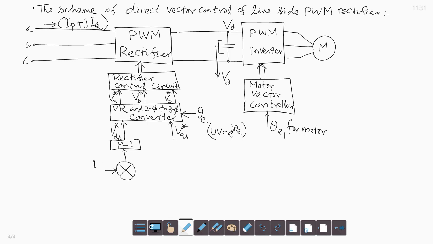So here we have IP, active component of the current, which is IDS, and subtracted from IP star, which is generated from a PI controller.